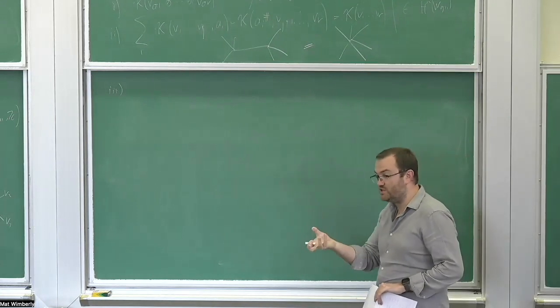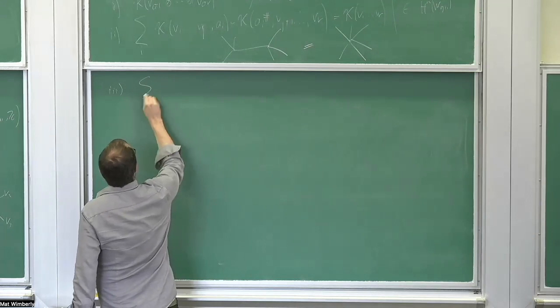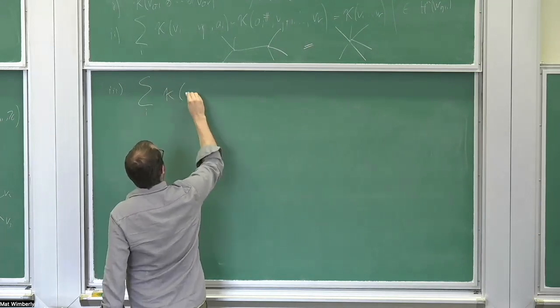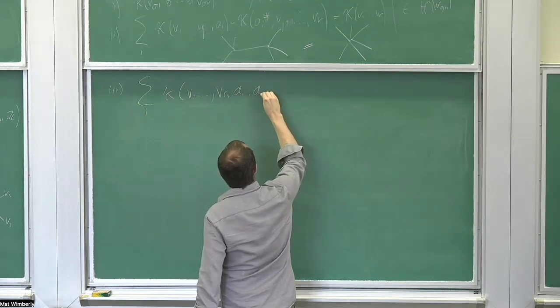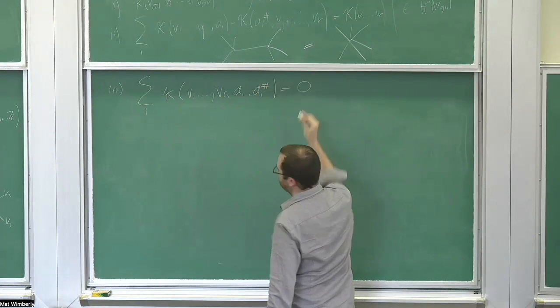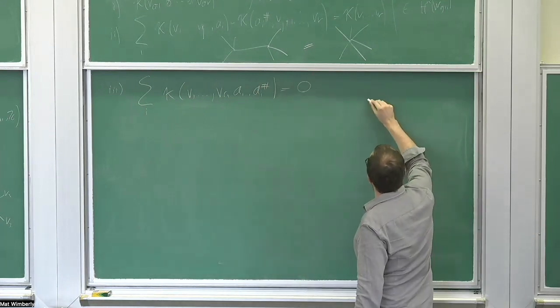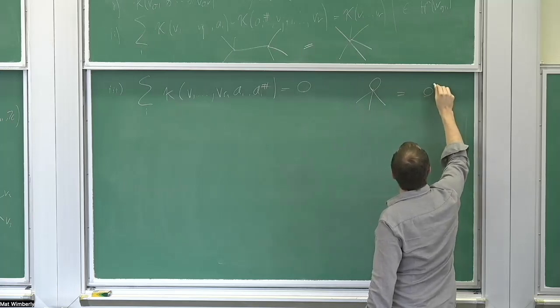But what if you take one corolla and pair one leg of it with another of itself? Like that, and the answer is you go. So graphically, this is saying this is the same as the.